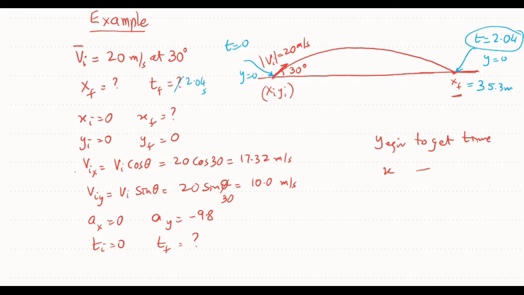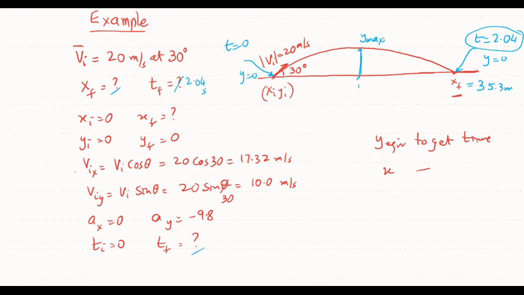35.3 meters. Now if we add a little bit more to the question, so we got this answer and we got the T. Say, what is the maximum height, which is right in the middle, at XF over 2, to which it goes?